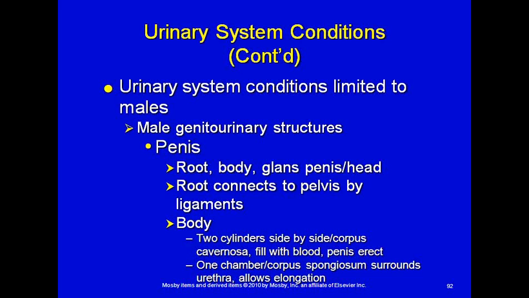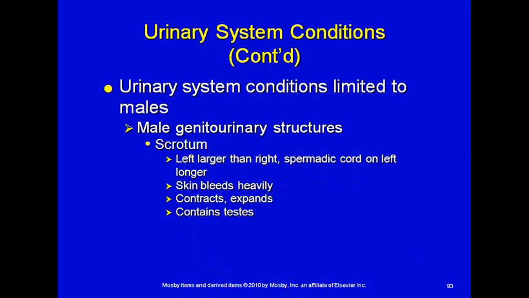The corpus cavernosa, and they fill with blood, causing the penis to be erect. And one chamber, the corpus spongiosum, surrounds the urethra and allows for elongation of the penis. Some other male genitourinary structures include the scrotum.